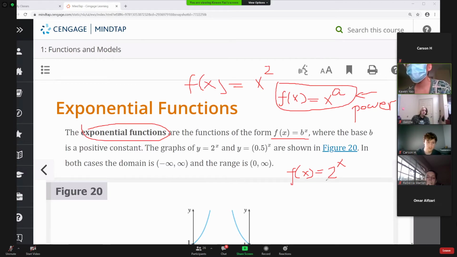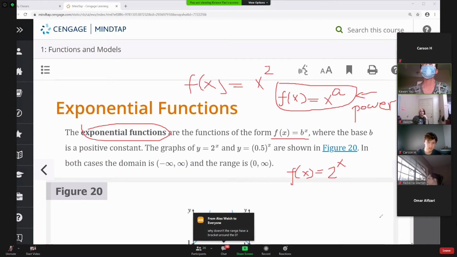Here, the base is a number and x appears in the exponent. So they're not the same. Tell me again, x squared is called what function? Power function. 2 to the x is called what function? Exponential function.